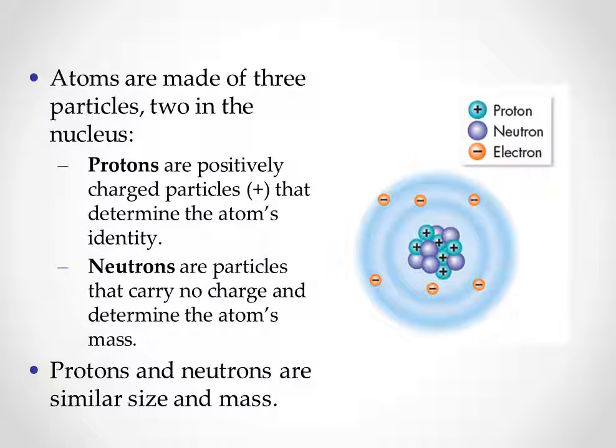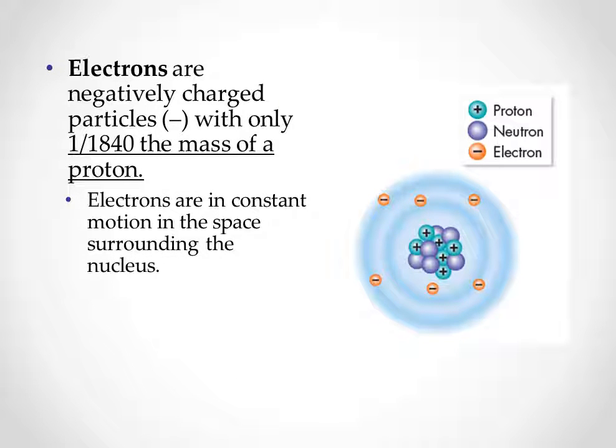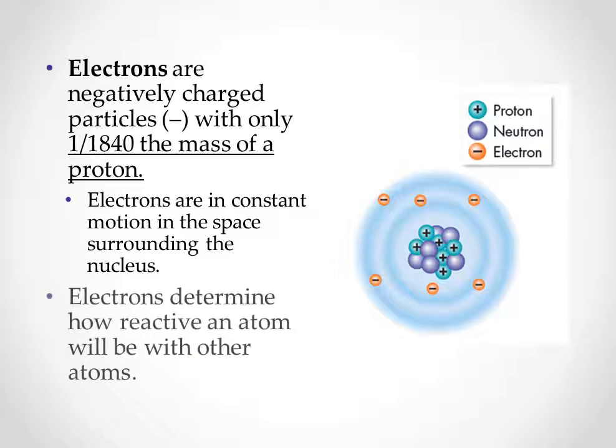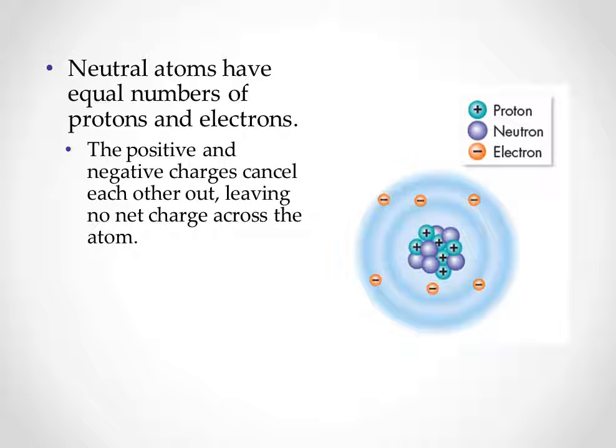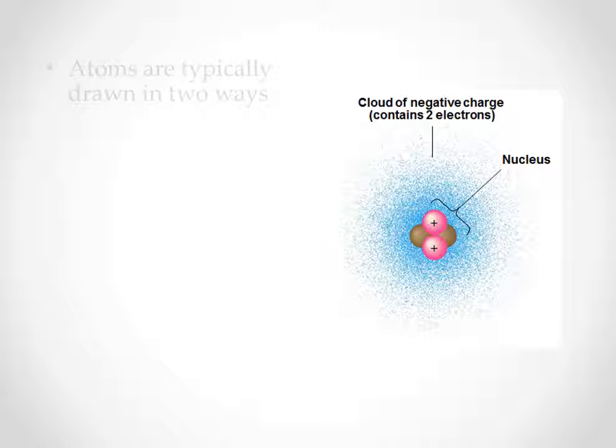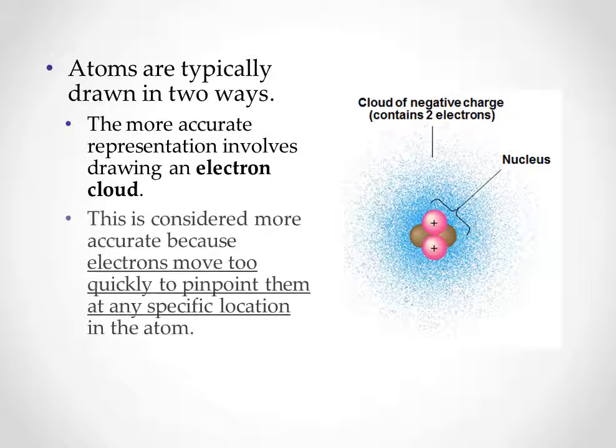So the two parts that are in the nucleus are the protons. Protons are positive. So you can draw it in two typical ways.